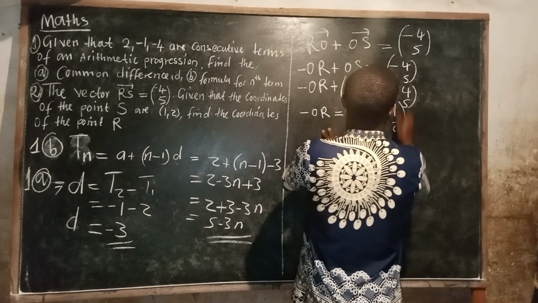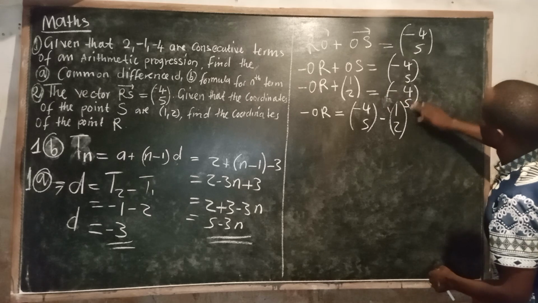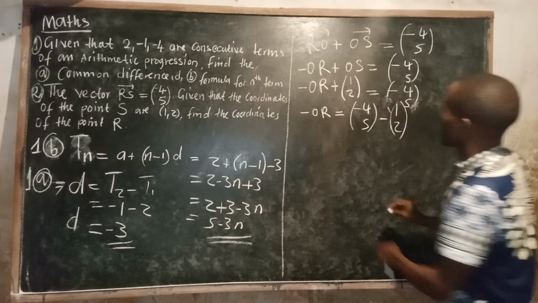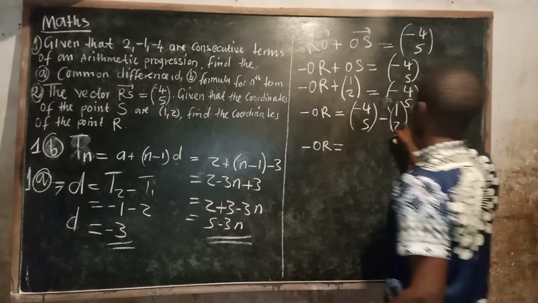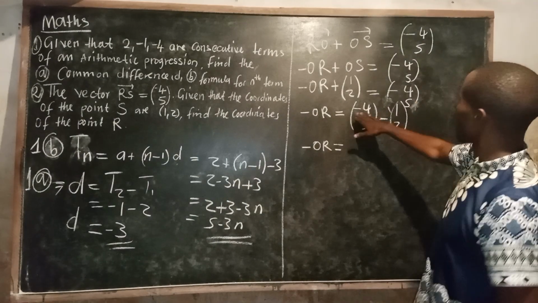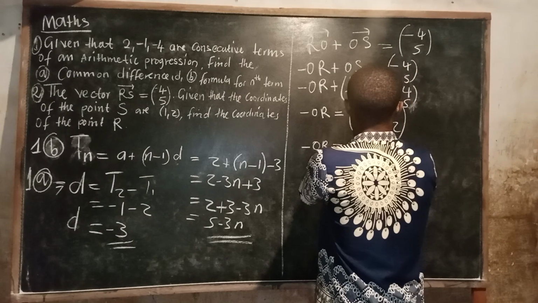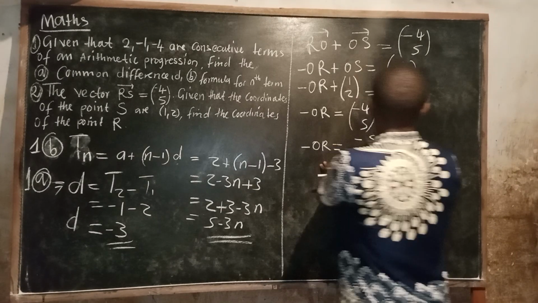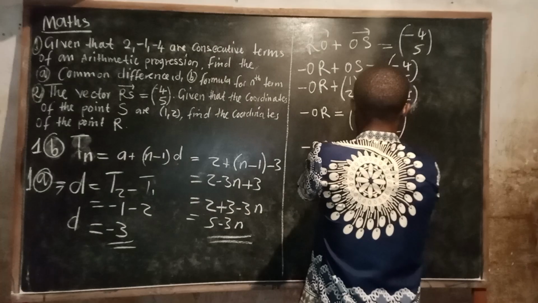So negative OR is equals to, let us simplify this. Negative 4 minus 1, the answer is going to be negative 5. Then 5 minus 2, the answer is going to be 3.